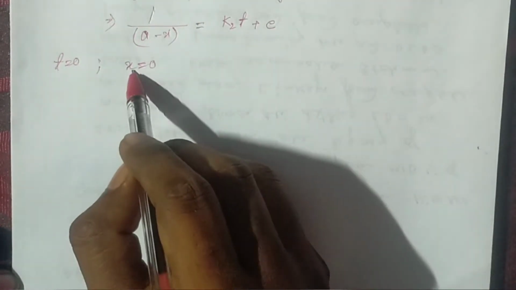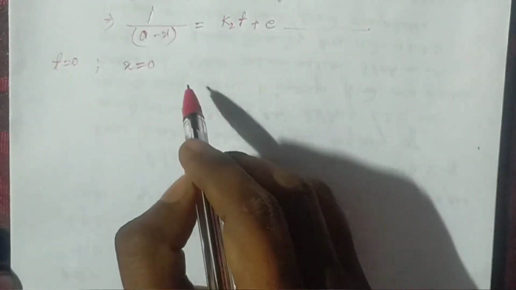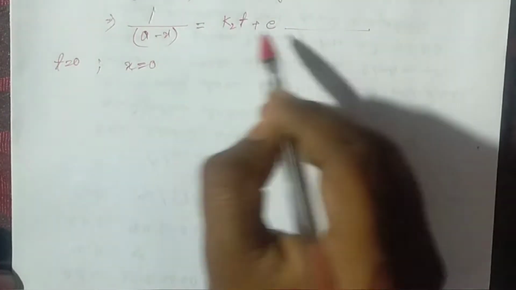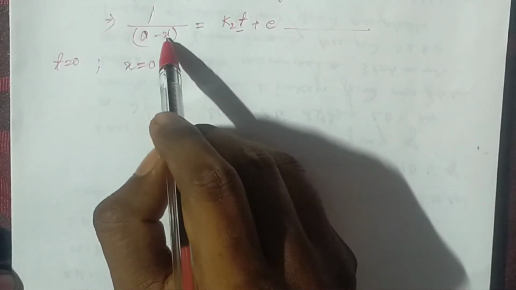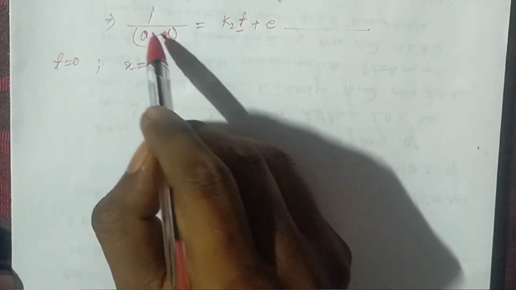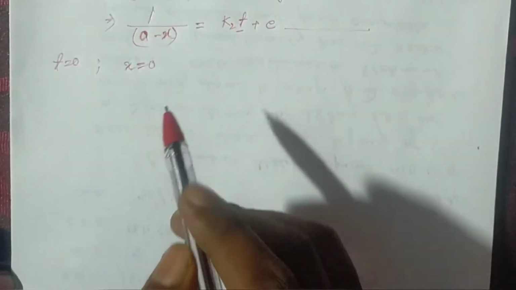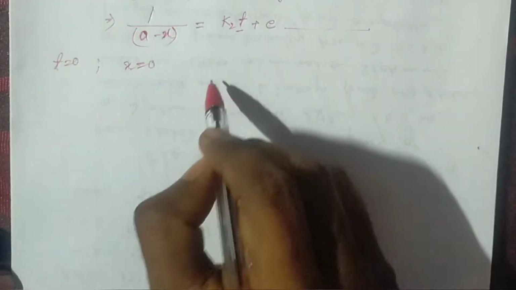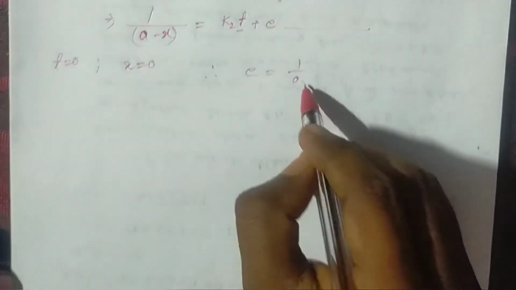From this equation, as t is 0 and x is 0, only 1 by a will remain. So c is equal to 1 by a.